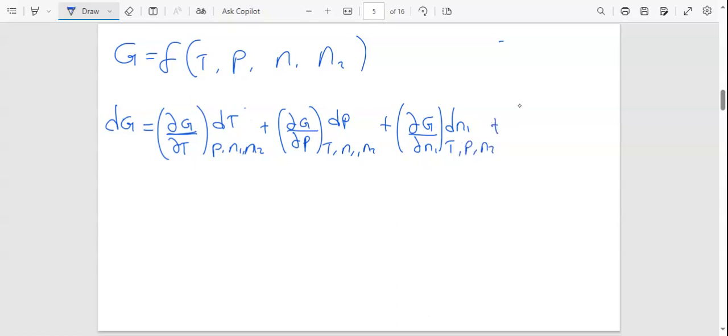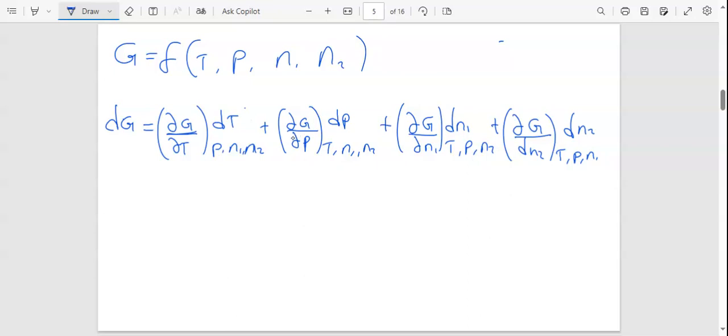Then plus again there will be a bit of change in g, now with reference to dn2. Now we'll hold temperature, and also n1 like that. Then this is dn2 like that, to show that there was change in n2. So that's the complete derivative of the function g.